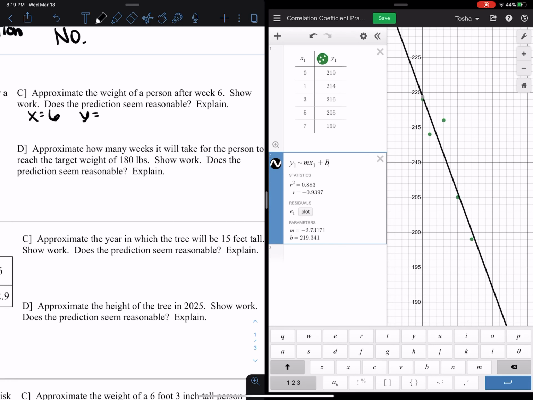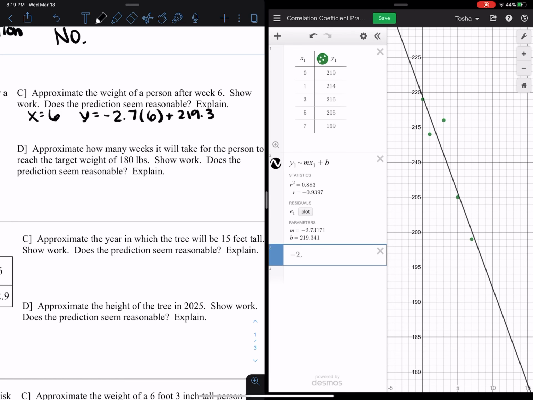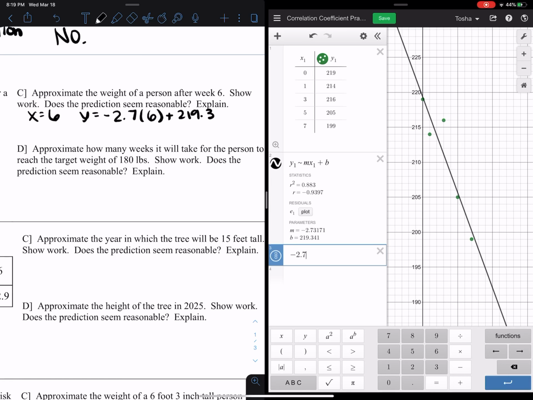So we have Y equals negative 2.7 times 6 plus 219.3. And like I said, we can just type that into the next line on Desmos. So I'm going to do negative 2.7 times 6 plus 219.3.